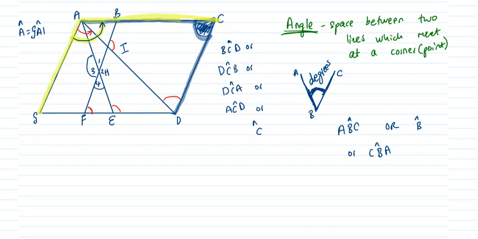Or you can also say GAC, or you can also say CAG, or you can also say BAG. Okay, so many ways of describing that. Or you can just call it angle A, because it's the whole angle.